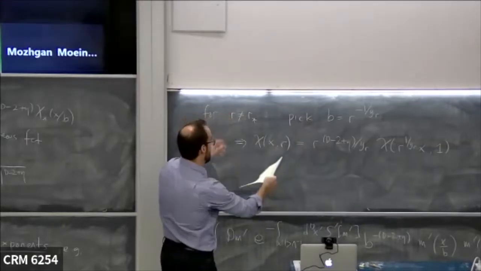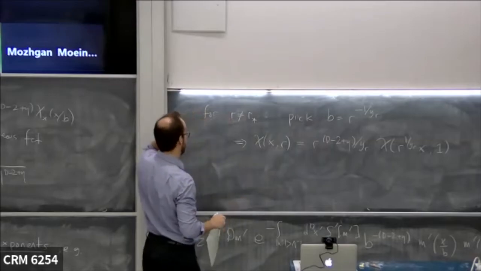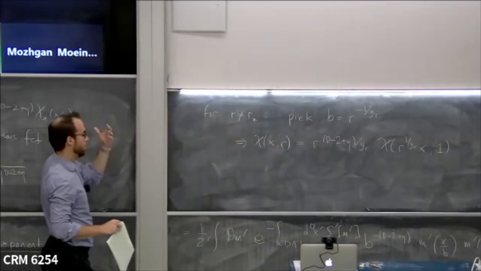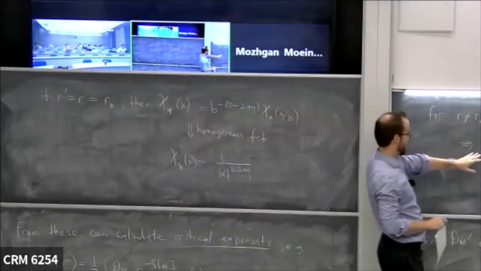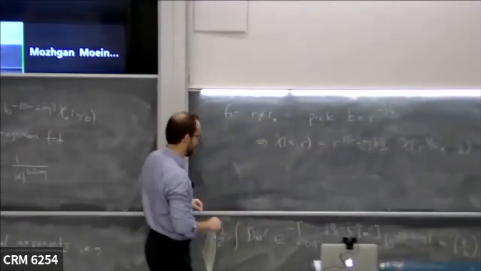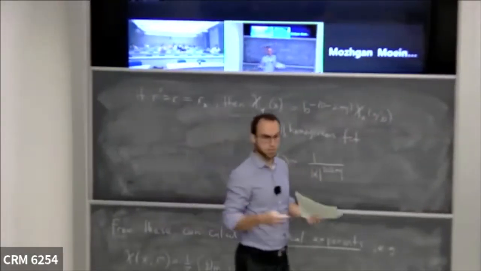And finally, we know that if we're at the critical point, there's no length scale. If we are slightly away from the critical point, then as far as these long distance correlations are concerned, there's only one length scale in the problem, which is xi itself.